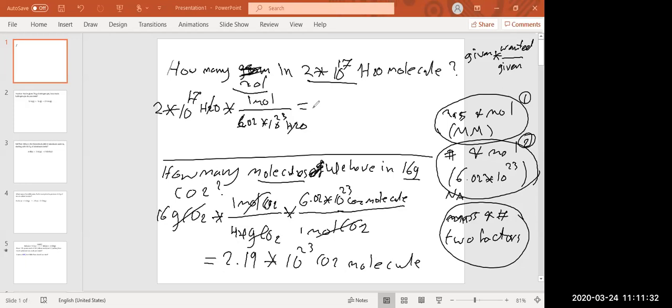Do the math, and we will have here approximately, let's see, divided by 6. Minus 1, 16. So here it will be approximately 3.3 times 10 to power minus 7, I think.